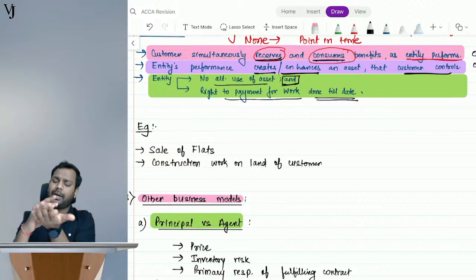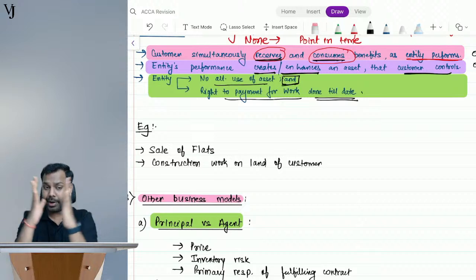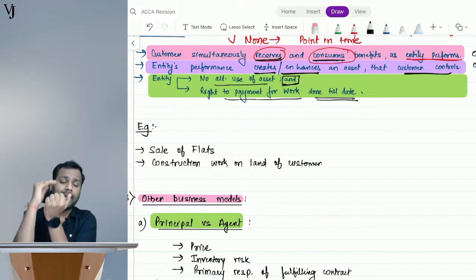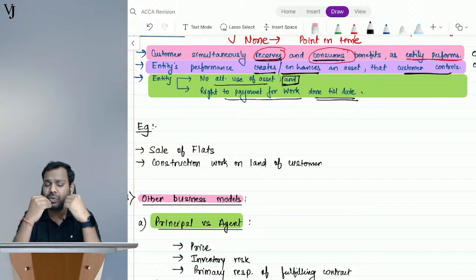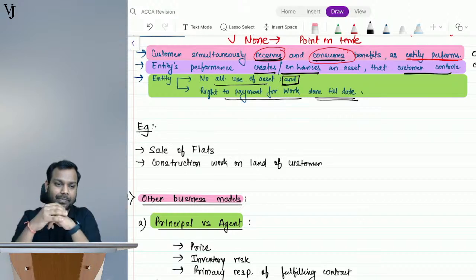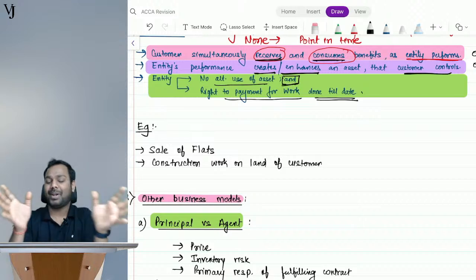Now let's suppose Mukesh Ambani and DLF enter into a contract for constructing a 10-story building. Now after two floors are constructed, Mukesh Ambani didn't like the quality of work, discussed with DLF and terminated the contract.